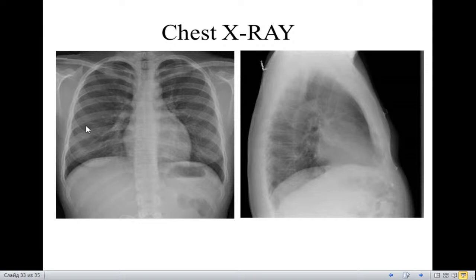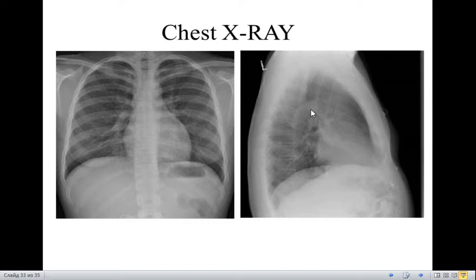Here you can see the lungs, here you can see the small white shadows which are bronchi and vessels, and in the peripheral part they mostly disappear, not visible because cartilage is mostly absent there.